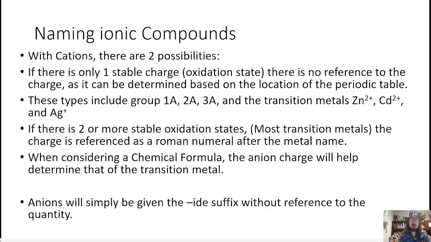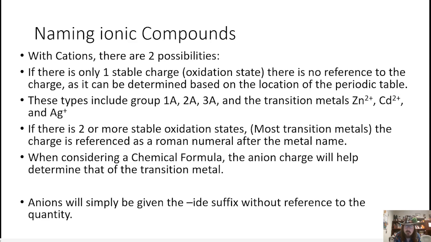Now, how do we do this? How are we going to name these guys? Pretty straightforward. When you're dealing with the cation, there are 2 possibilities. Possibility 1, if there is only one stable charge, which we call the oxidation state, then there's no reference to the charge at all.